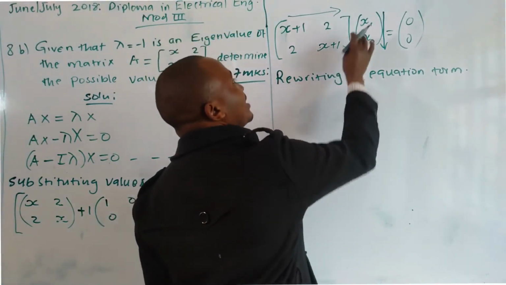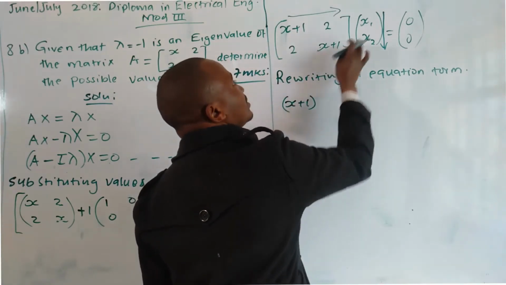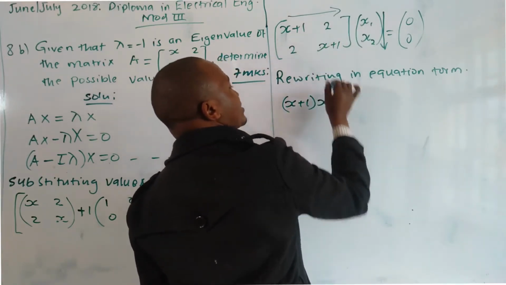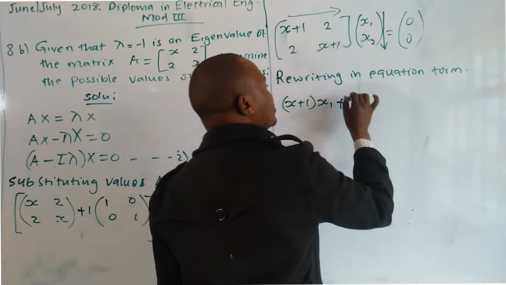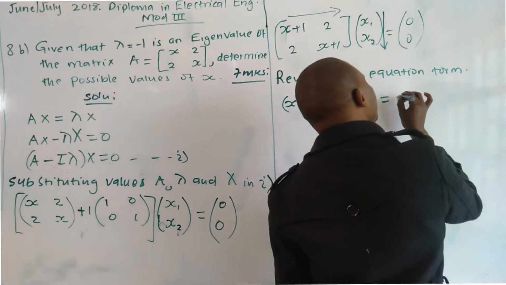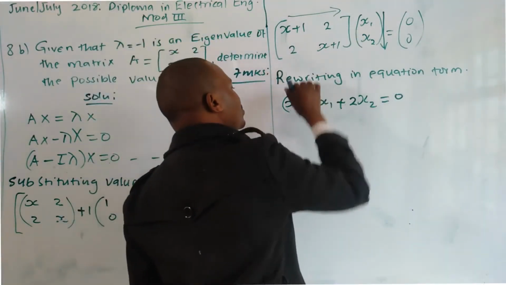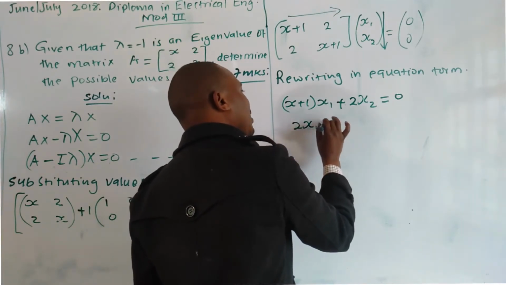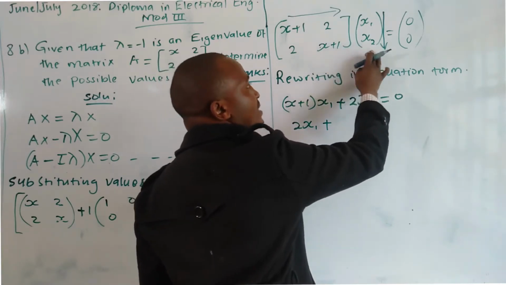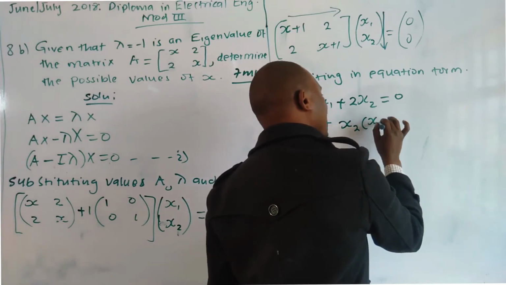So you have (x plus 1) times x1 plus 2 times x2, which is 2x2, equated to 0. The next one is x1 times 2, which is 2x1, plus x2 into bracket (x plus 1).